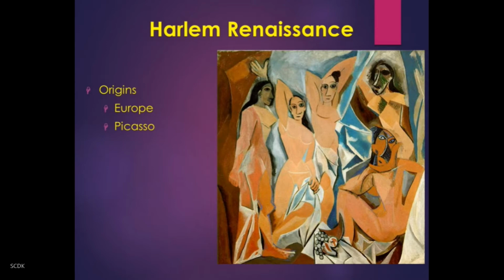While controversial, Picasso's painting contributed to a growing fascination with Africa and its people. Artists such as Paul Gauguin and Henri Matisse were also drawn to African art for inspiration. Inspired by such works, others began to explore the history and culture of Africans. This movement ultimately reached America as well.